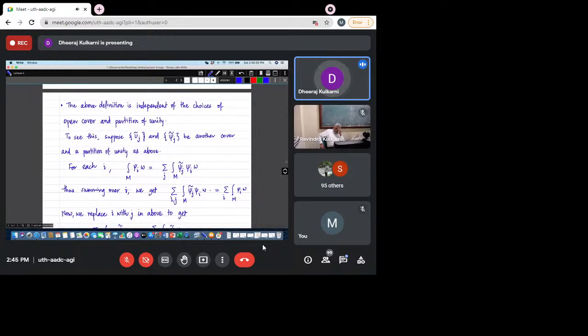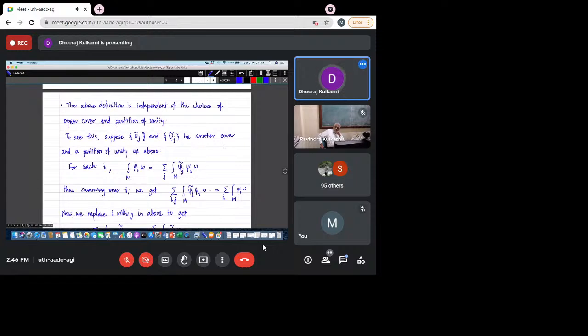With that geometric picture in mind, let us focus on each of the individual terms. Psi I omega is an n-form supported on U_i. Now I am going to break it further because this U_i will be covered by some of the U_j tildes.